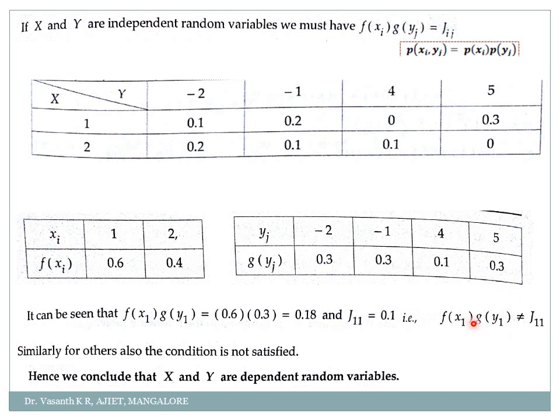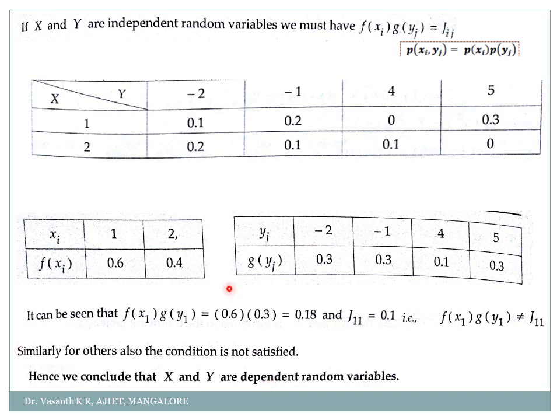That is, probability of xi yj is not equal to probability of x into probability of y. So what I can tell you, since one condition is not satisfied, obviously the other conditions will not be satisfied. Therefore we can conclude that x and y are dependent random variables. If it is equal in all the cases, then we call them independent random variables. Clear?